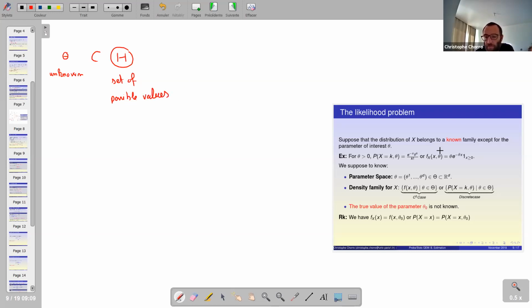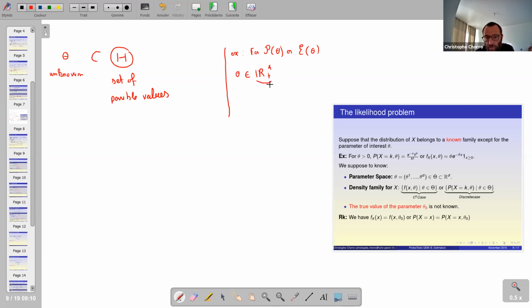So for example, in my two previous examples, in the case of a Poisson of parameter theta and in the case of an exponential of parameter theta, I know that theta belongs to R plus star.